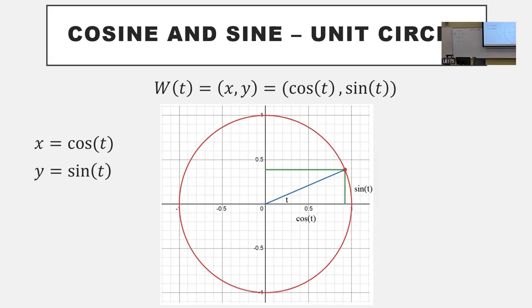More commonly, they use theta, but I couldn't write the letter theta on the unit circle. Maybe I'll write theta on the board. If you have a wrapping function with some angle theta, then the output is going to be cosine of theta, comma, sine of theta. So the x value and the y value are given by cosine of the angle and sine of that angle, respectively.